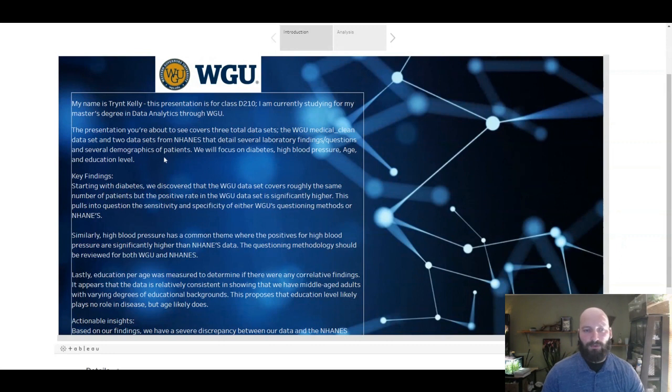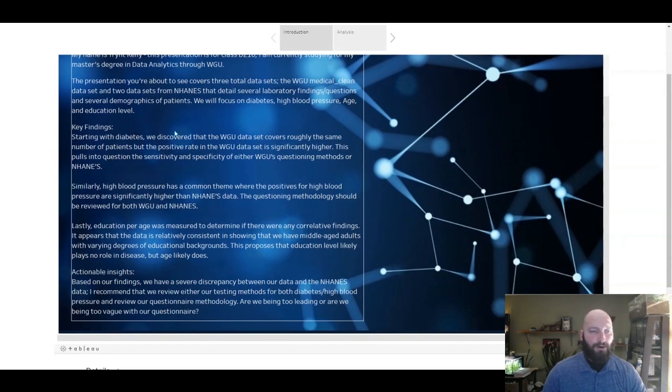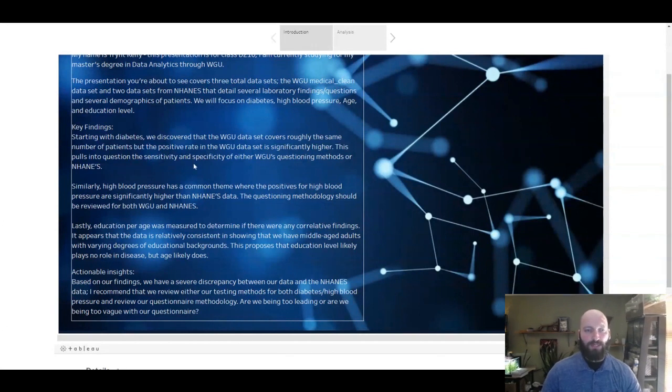What we will be focusing on from those data sets are diabetes, high blood pressure, age, and education level primarily. As far as the key findings, starting with diabetes, we discovered that the WGU dataset covers roughly the same number of patients, but the positive rate in the WGU dataset for diabetes is significantly higher than the National Health Institute's dataset.